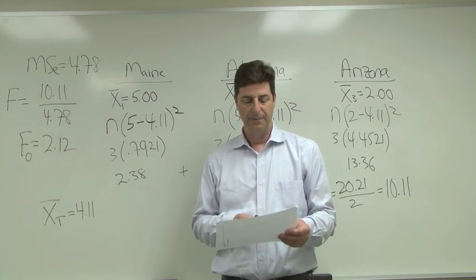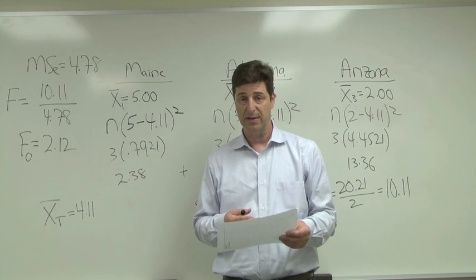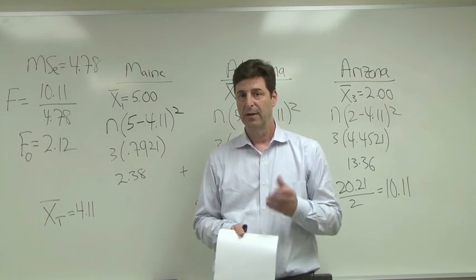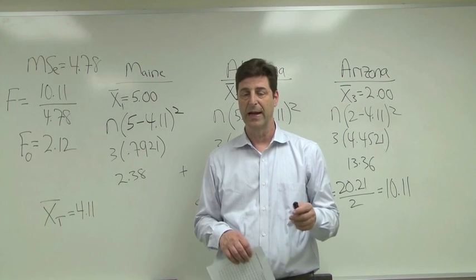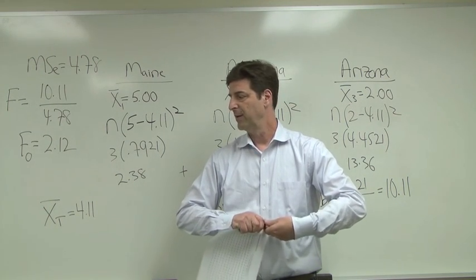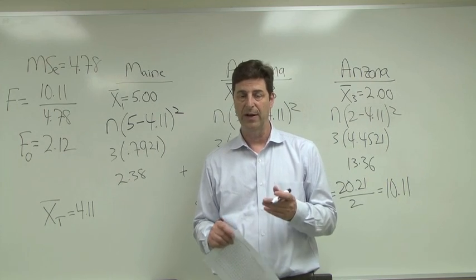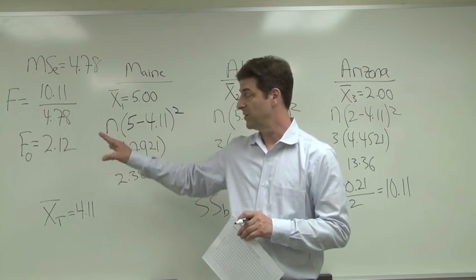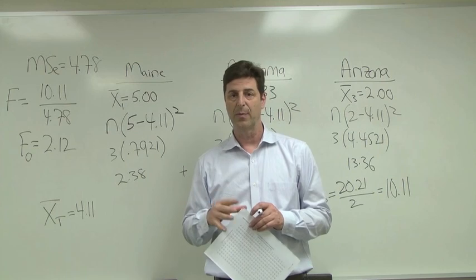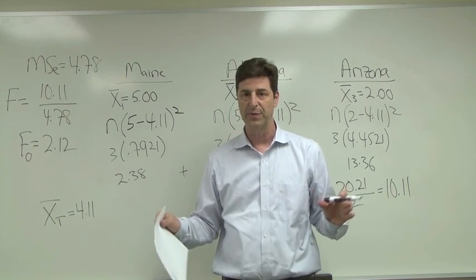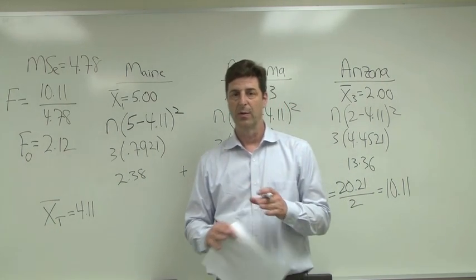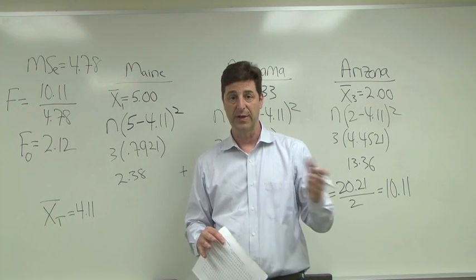To use Appendix C, we first have to know the degrees of freedom. The degrees of freedom for a one-way ANOVA F ratio is the number of groups minus 1, k minus 1, which in this case was 2, and the number of cases across all of the groups minus the number of groups. There were 9 cases across all of the groups, 3 in each group.